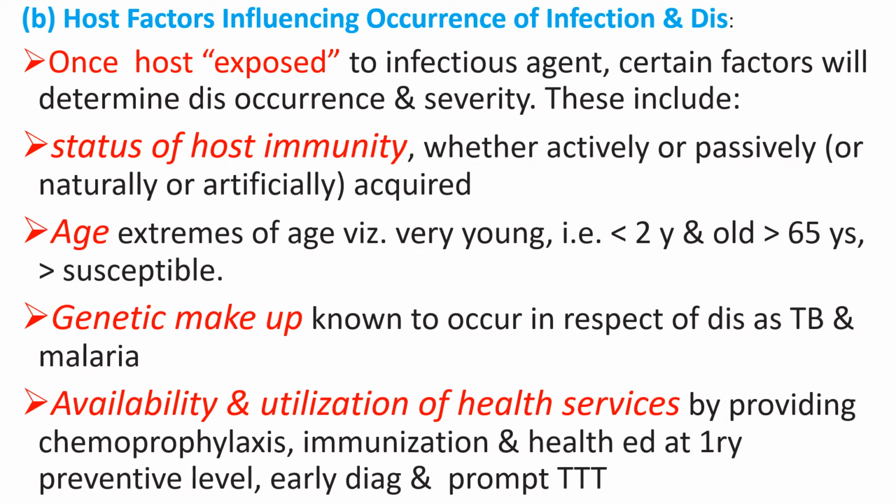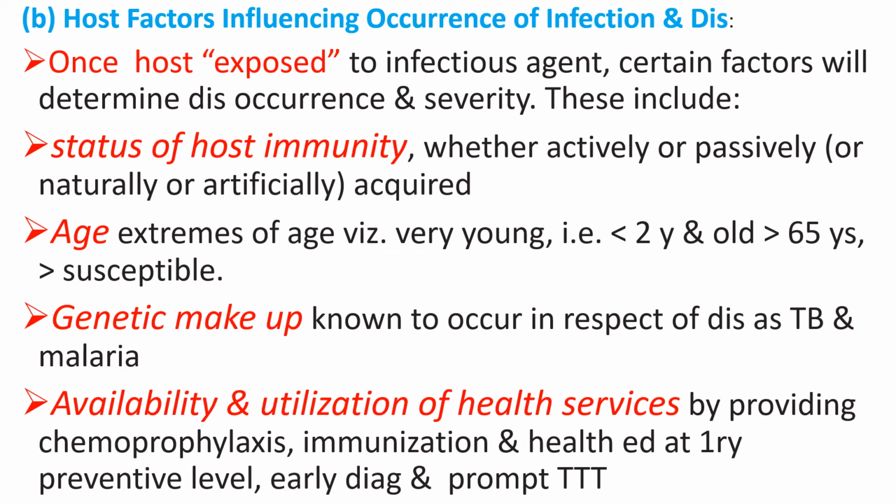Once a host is exposed to an infectious agent, certain factors will determine disease occurrence and severity. These include status of host immunity, age, genetic makeup, and availability of health services. Status of host immunity, whether actively or passively acquired.